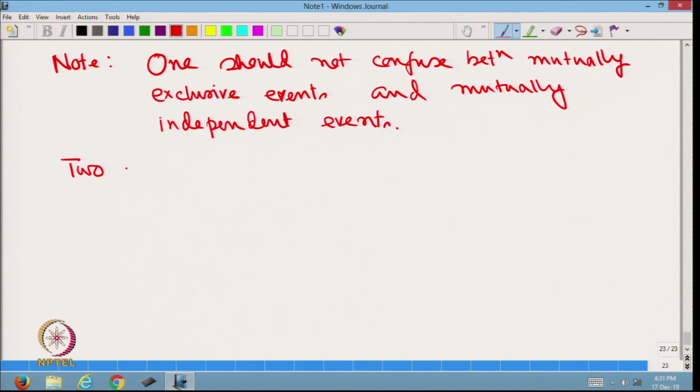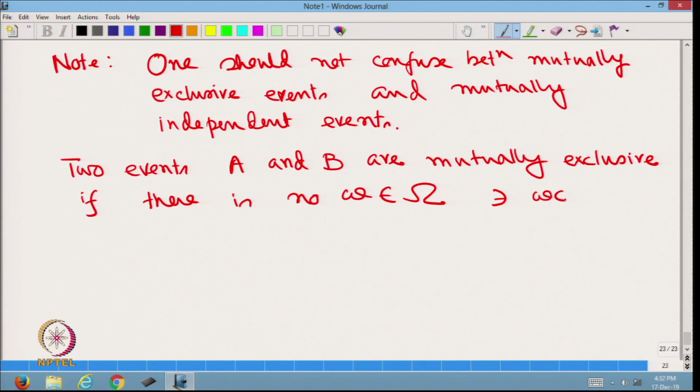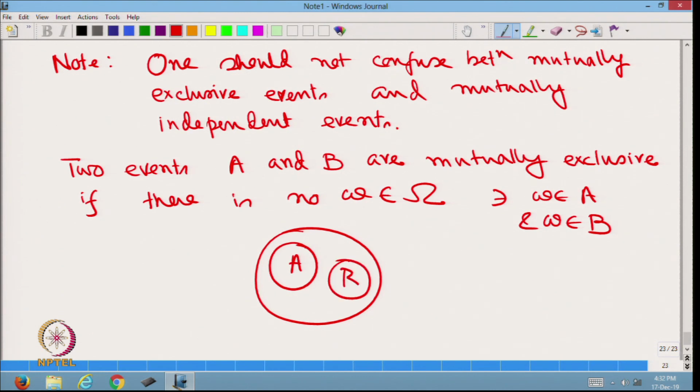Two events A and B are mutually exclusive if there is no omega belonging to capital omega such that omega belongs to A and omega belongs to B. Say for example, if this is my A and this is my B, then their intersection is phi, therefore, these are mutually exclusive.